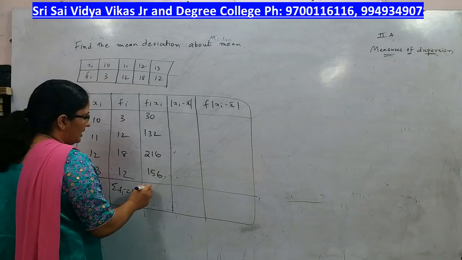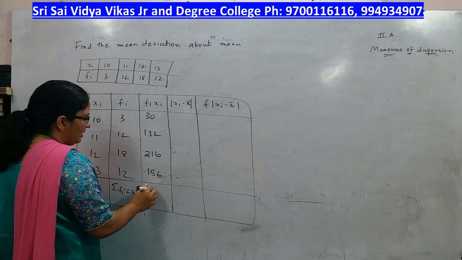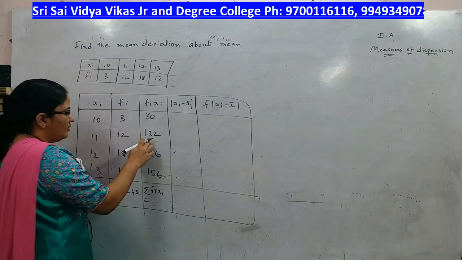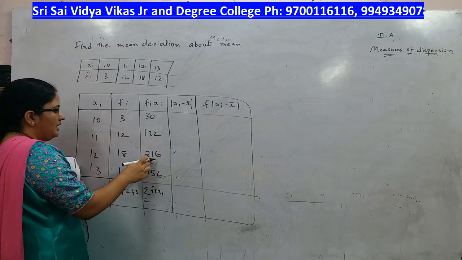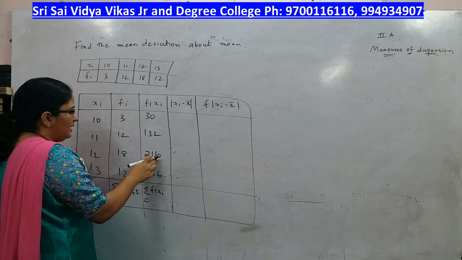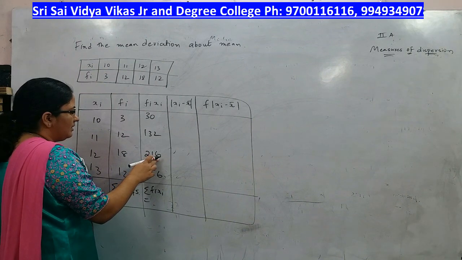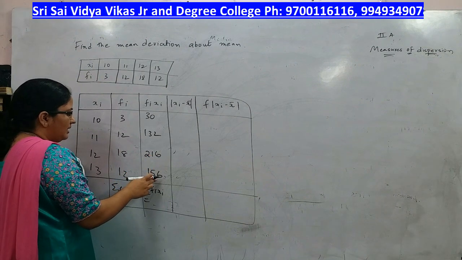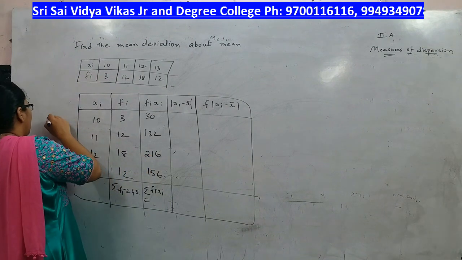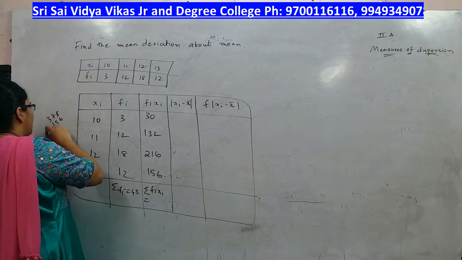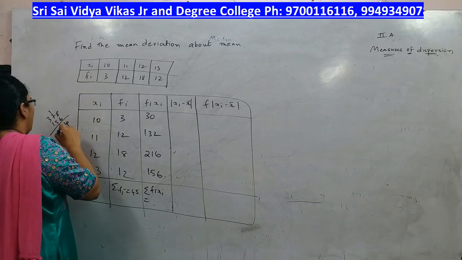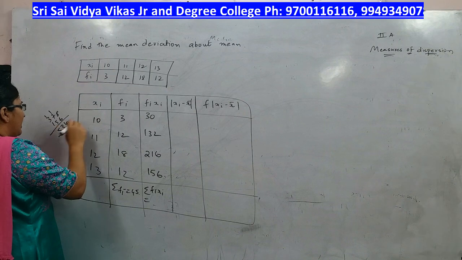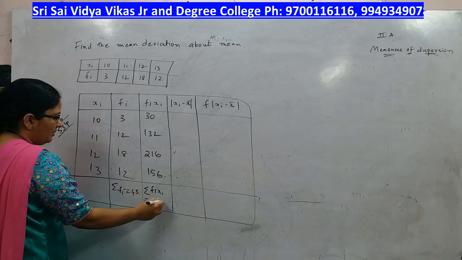Summation fi xi: adding all the values, 534. This is nothing but 534.